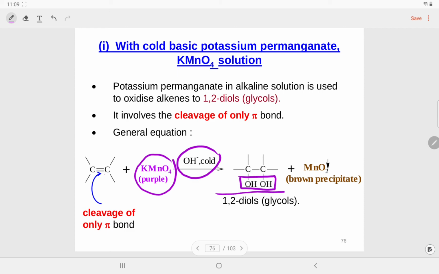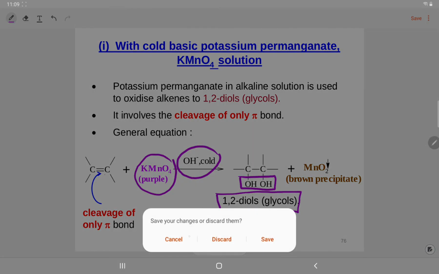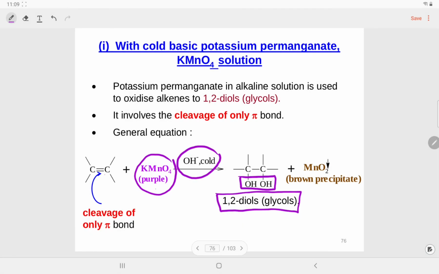This product we can call a 1,2-diol. At the same time, KMnO4 undergoes reduction. So the alkene undergoes oxidation and KMnO4 undergoes reduction, and will produce solid MnO2.